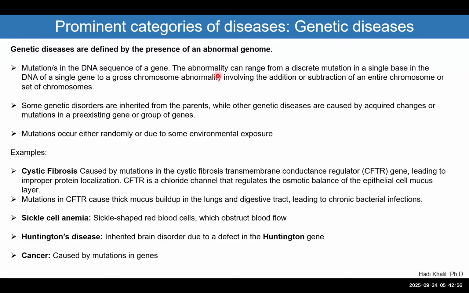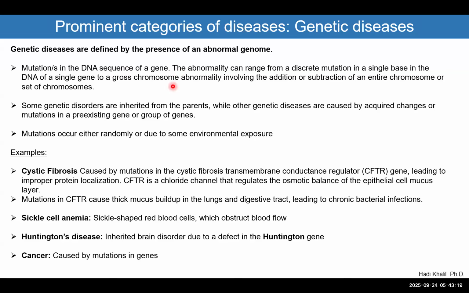So this abnormality can range from a single base change in the DNA sequence that could happen at the level of the replication, and it's carried over. And it could also be an abnormality at the level of the chromosome itself.